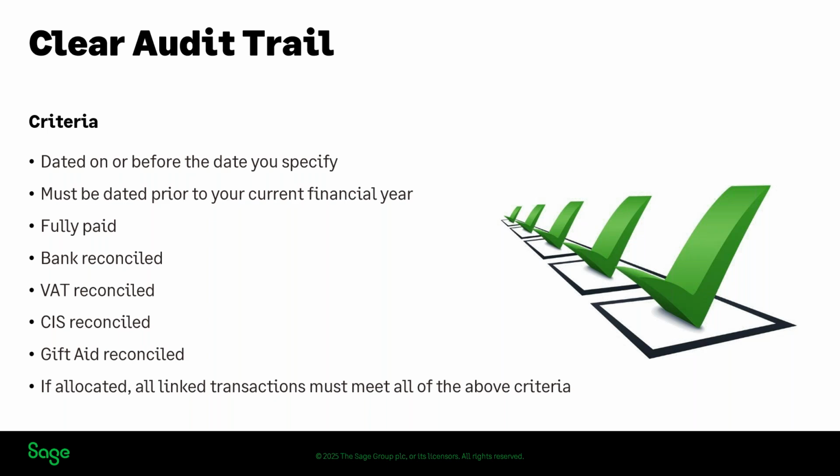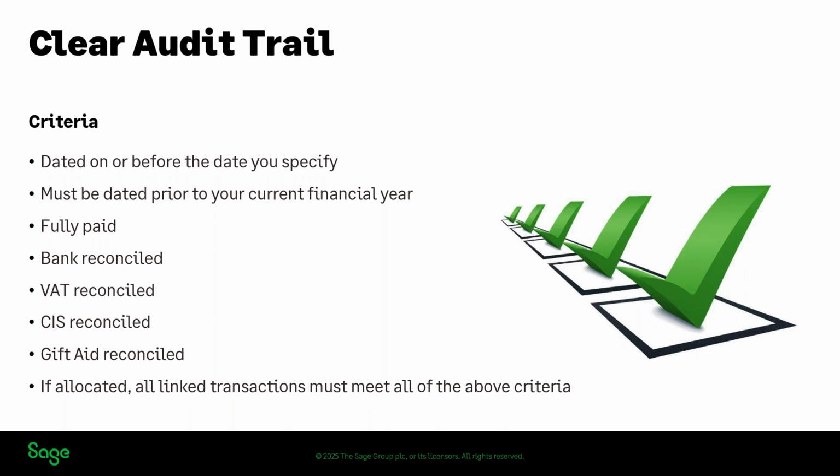Transactions must be marked as fully paid. So if it's an invoice, it must be fully paid. If it's part outstanding or fully outstanding, it will not clear it. It's got to be bank reconciled if it's a bank transaction. If it's VATable, it's got to be VAT reconciled, so it must have been included on a VAT return.